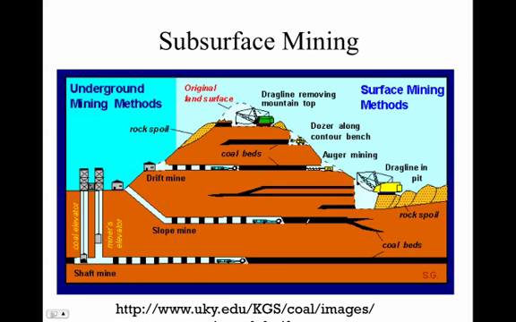And so the shafts are either horizontal or vertical. And so this is way more dangerous. Subsurface mining is way more dangerous. There can be issues in regards to oxygen levels and whether they're good or not. The mine can collapse. However, it is, as I said before, more environmentally friendly.